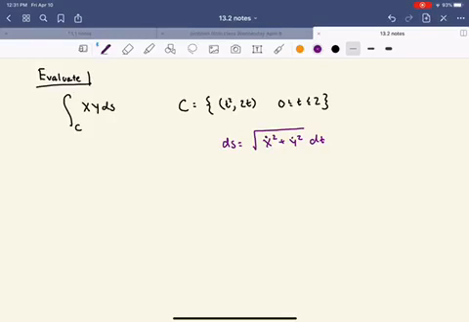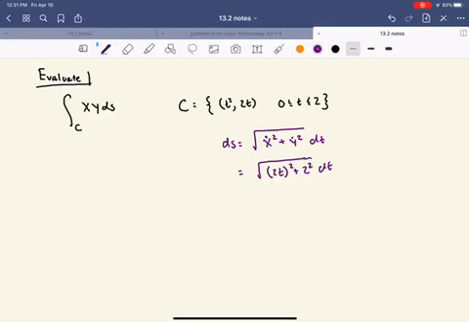Okay, so ds is going to be the square root of 2t squared plus 2 squared dt.